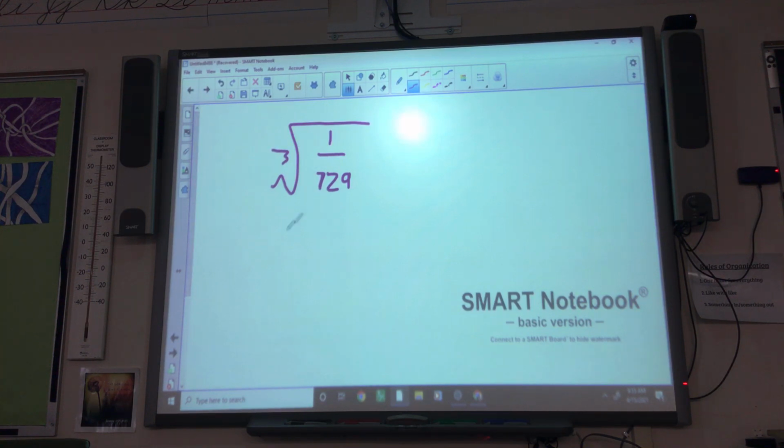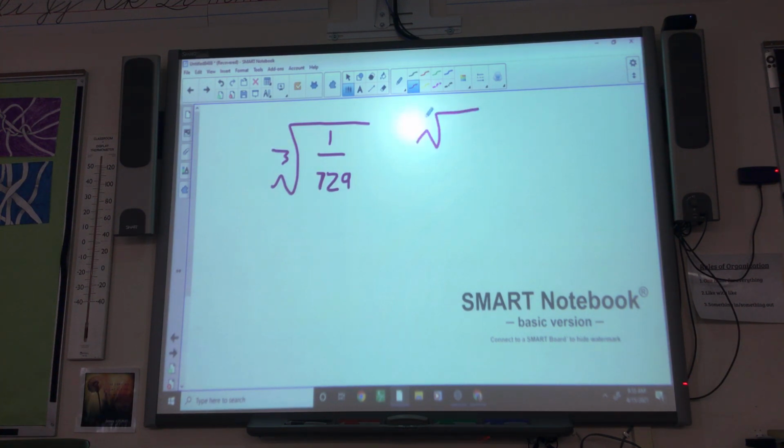Cube root of 1 over 729. It's still what? First clue. Look at your chart. 729 is on that chart. We're almost done. 1 over 9? Yes, you're right. Now, why is it 1 over 9?